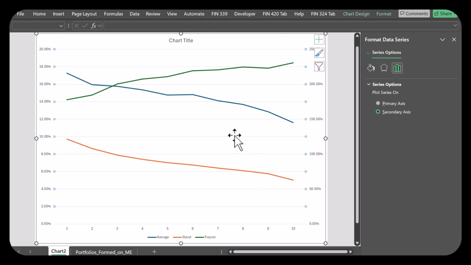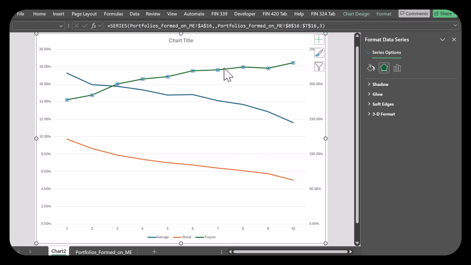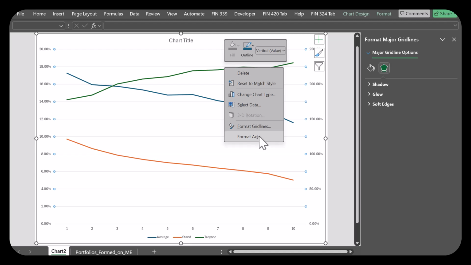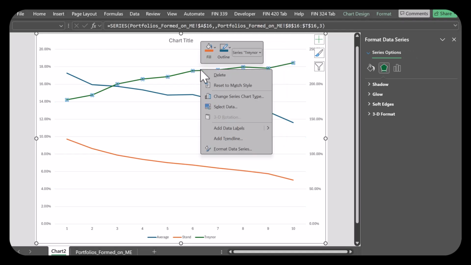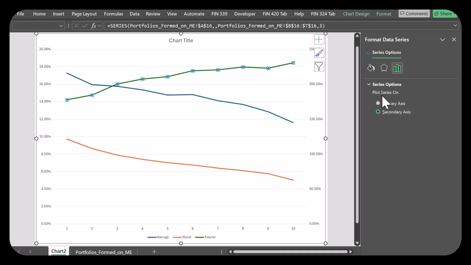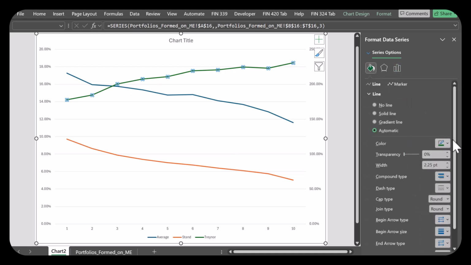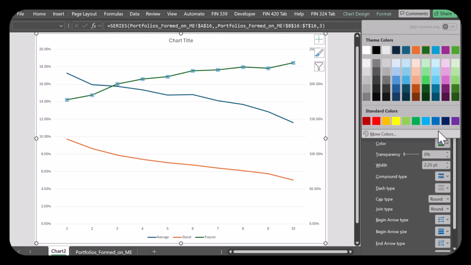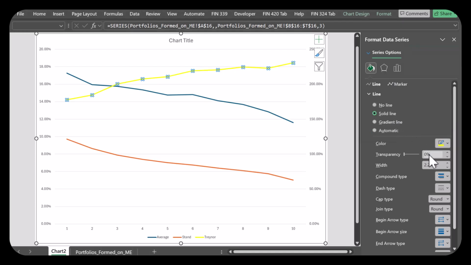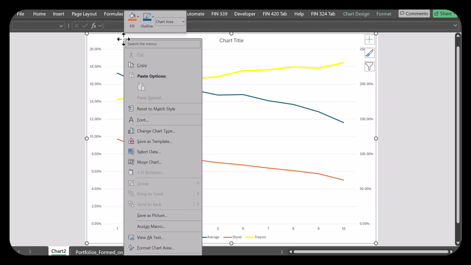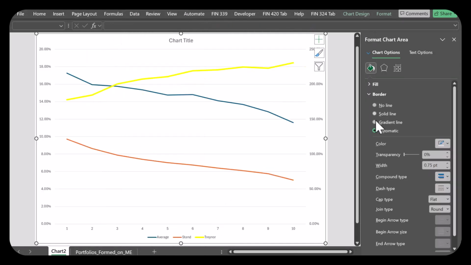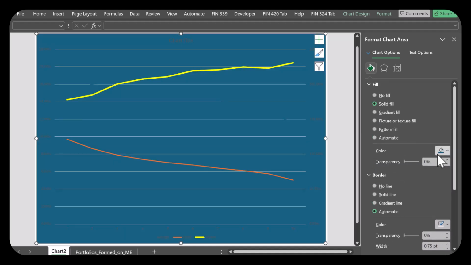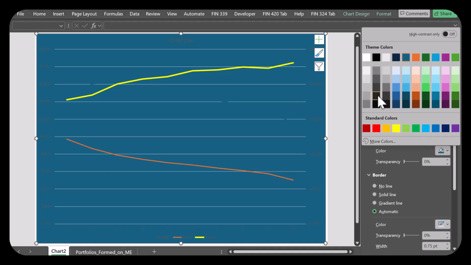Let's make this a different color. I'm going to make that yellow, a little bit thick. And I'm going to also make the background of the chart area something like grayish, or maybe black.